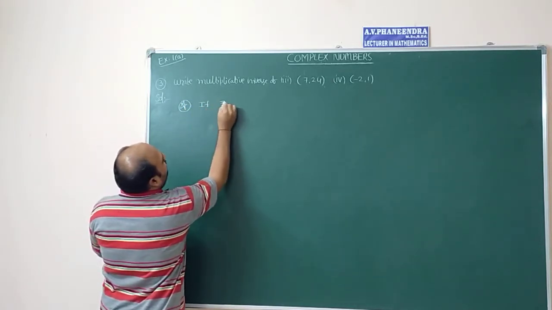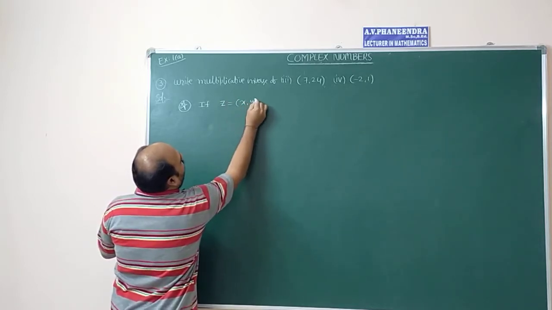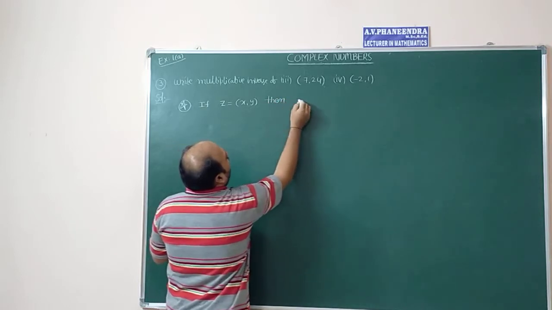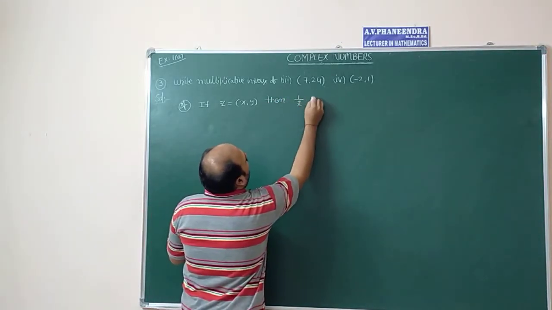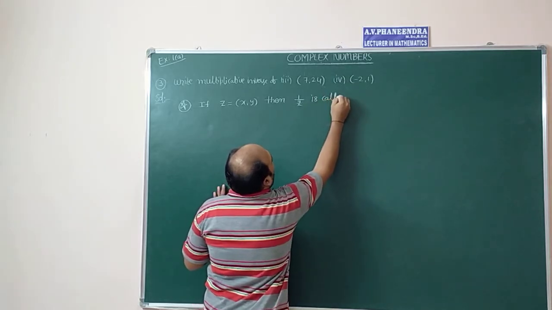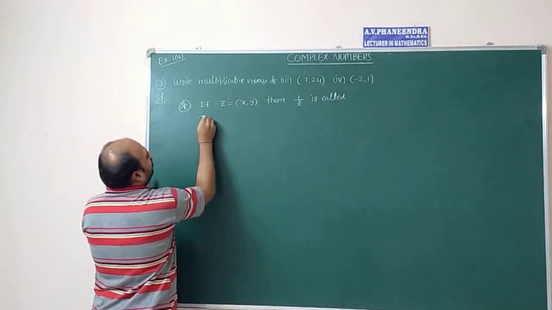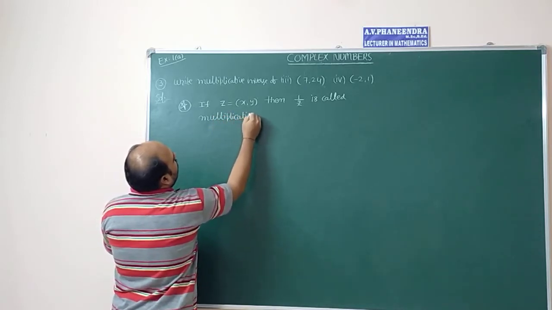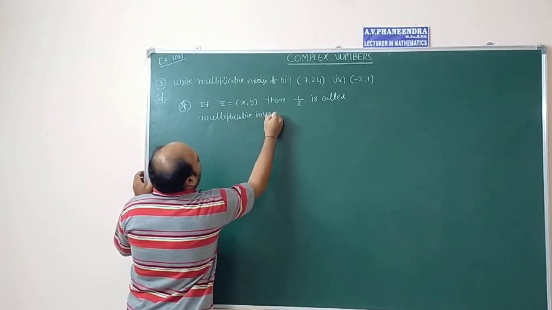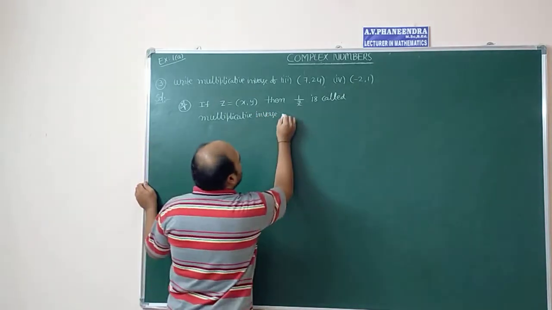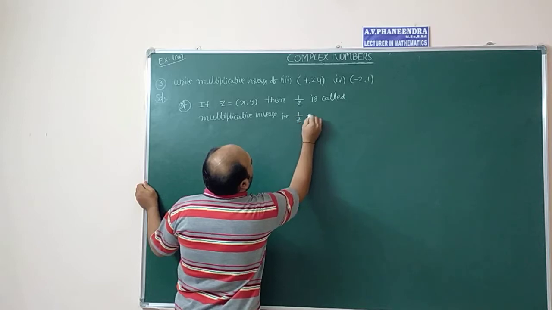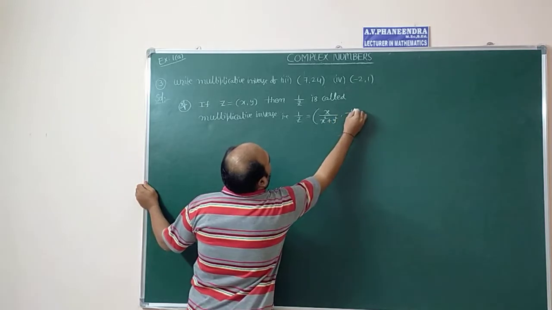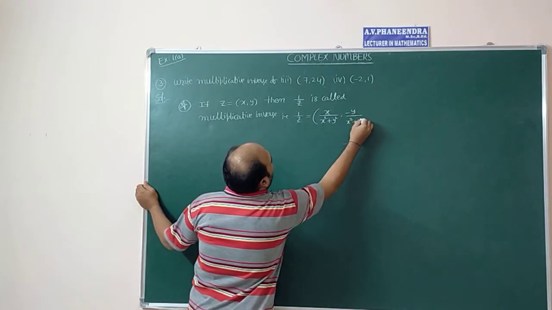If Z is equal to X comma Y, that means X plus iY, then 1 by Z is called the multiplicative inverse. That is 1 by Z is equal to X by X square plus Y square comma minus Y by X square plus Y square.